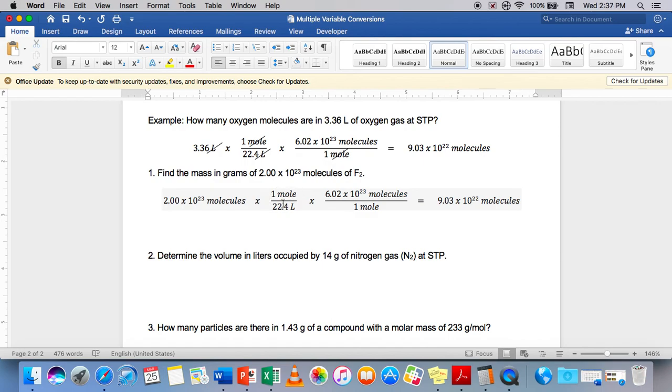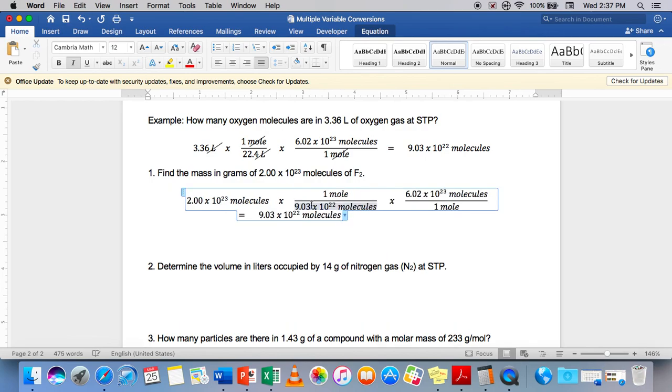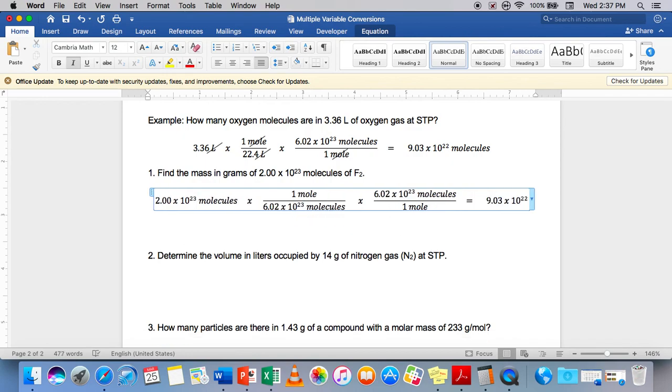Okay, so 1 mole on the top, and I need 6.02 times 10 to the 23rd molecules on the bottom. Okay, so molecules cancels. That is what I want. And 1 mole on the top.